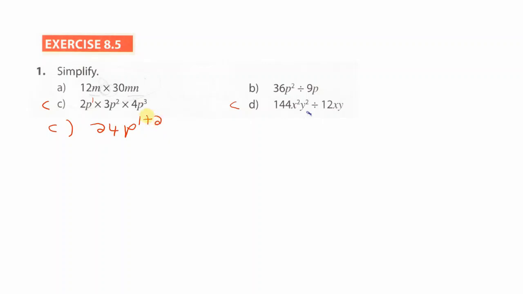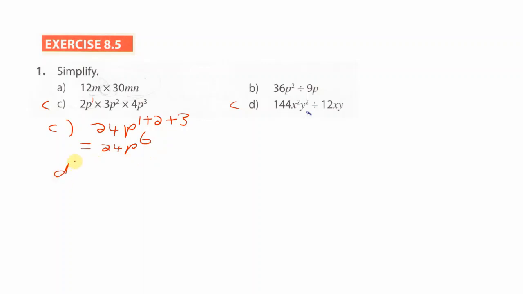And we are multiplying, so we increase our number of p's with 3. So we can simplify. We have p to the power 1 plus 2 is 3 plus 3 is 6.